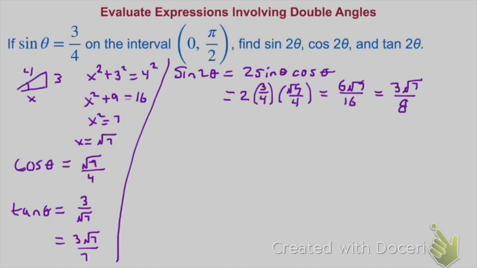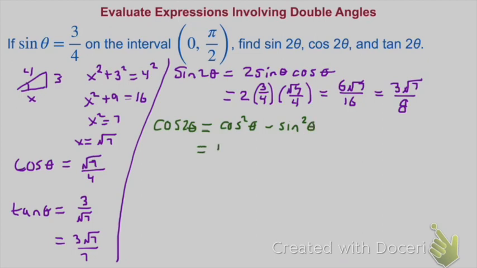We do the same thing now for cosine. We'll use our identities. For cosine of 2 theta, if you look at your sheet, we have 3 options. I think the easiest one to use today is going to be cosine squared theta minus sine squared theta. We plug them in.